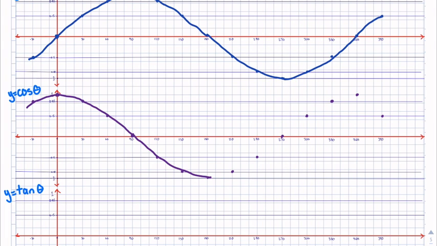So you can see they both have the same shape. They do. They both have the same shape. This last one wouldn't have been here. It would have been here. They have the same shape.